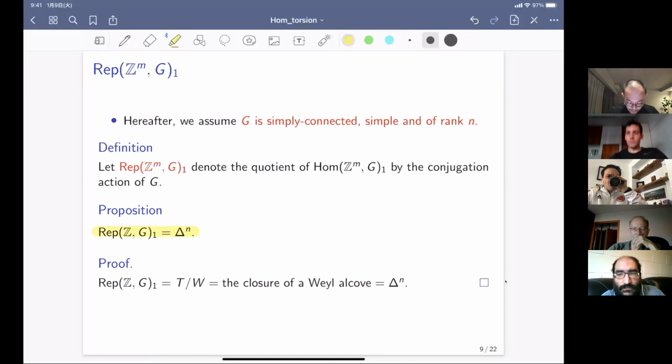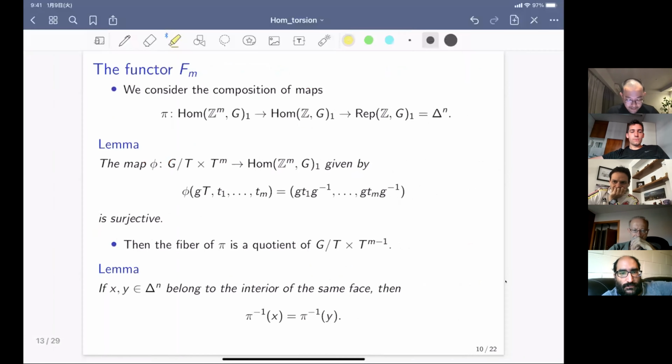And the important point, again I tell you again, is that this n-simplex is bounded by faces determined by simple roots and the highest root. Everything is described in terms of these roots. Right, so now we define the functor Fm.